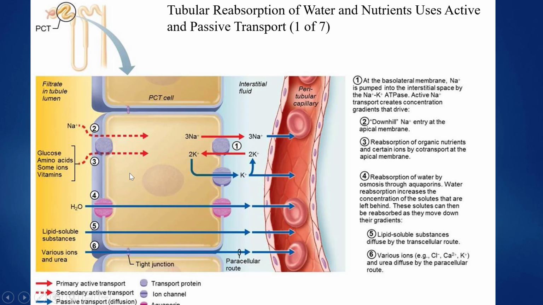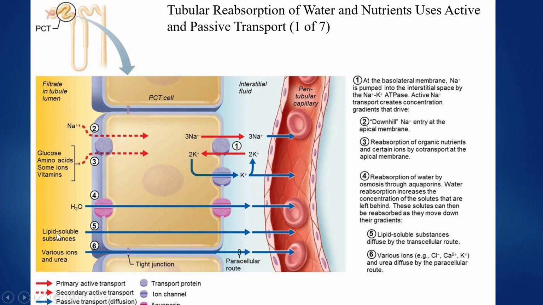Then it is also going to result if you have aquaporins. This purple thing here is what appears to be the aquaporin. Water reabsorption increases the concentration of solutes that are left behind. These solutes can then be reabsorbed as they move down the concentration gradient.